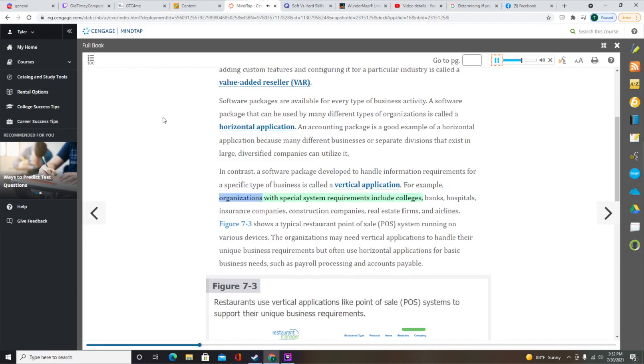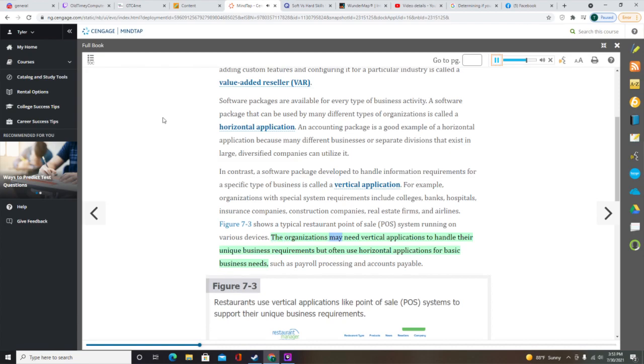For example, organizations with special system requirements include colleges, banks, hospitals, insurance companies, construction companies, real estate firms, and airlines. Figure 7-3 shows a typical restaurant point of sale (POS) system running on various devices.